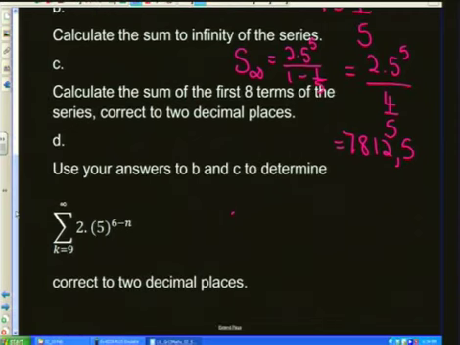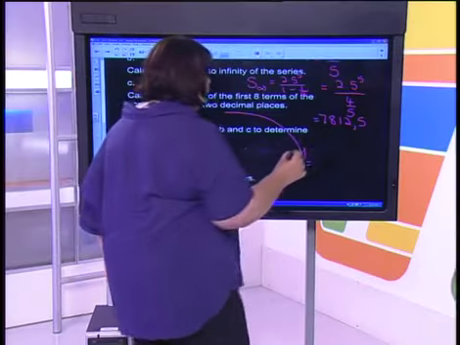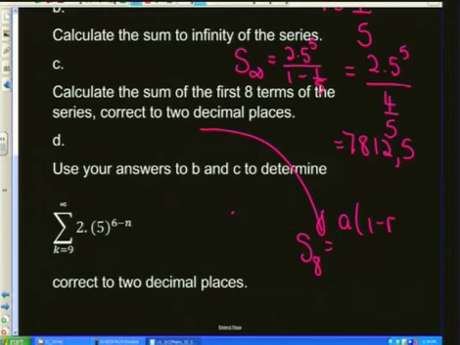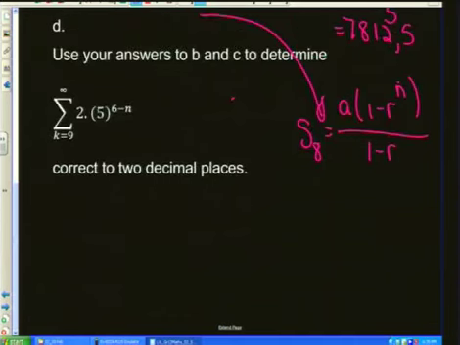Now last week we didn't work with the sum of a geometric series, so it's a good opportunity to do that. So the sum of 8 terms, remembering that our R is 1/5, the best formula to use for that is going to be A, 1 minus R to the N, over 1 minus R. Right, so let's get some space going.